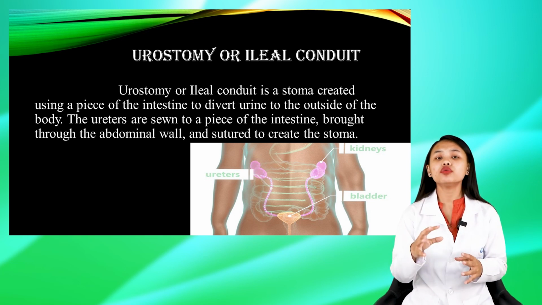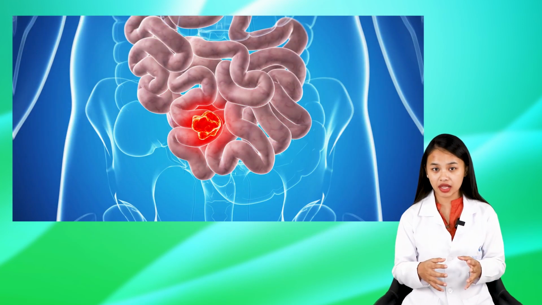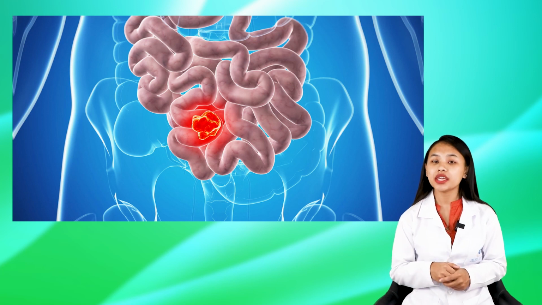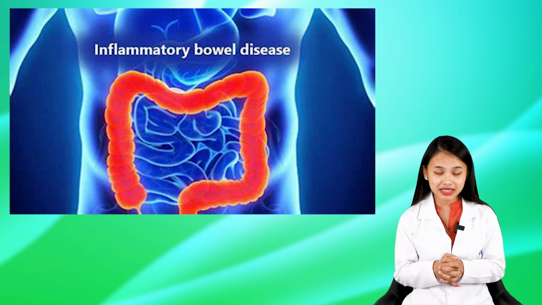Usually, if a person has bowel cancer or is suffering from inflammatory bowel disease, then for these types of patients, an opening known as the urostomy can be made. An ostomy can either be temporary or permanent depending on the reason why the opening has been made.